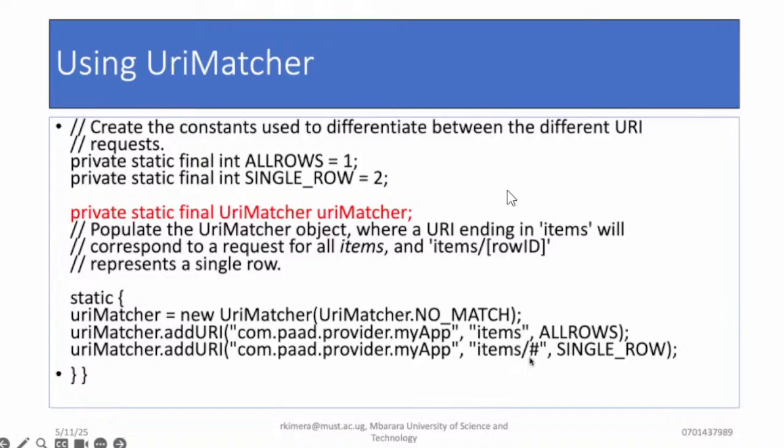And for a single row, it has an extra hash here. This hash is just a placeholder for this single row, which was initially assigned to 2. So basically, that's the difference between the two.